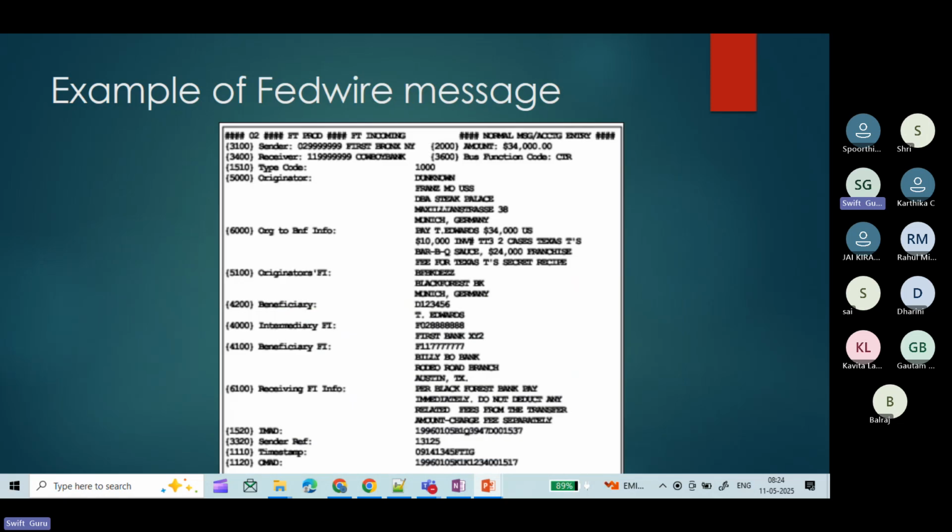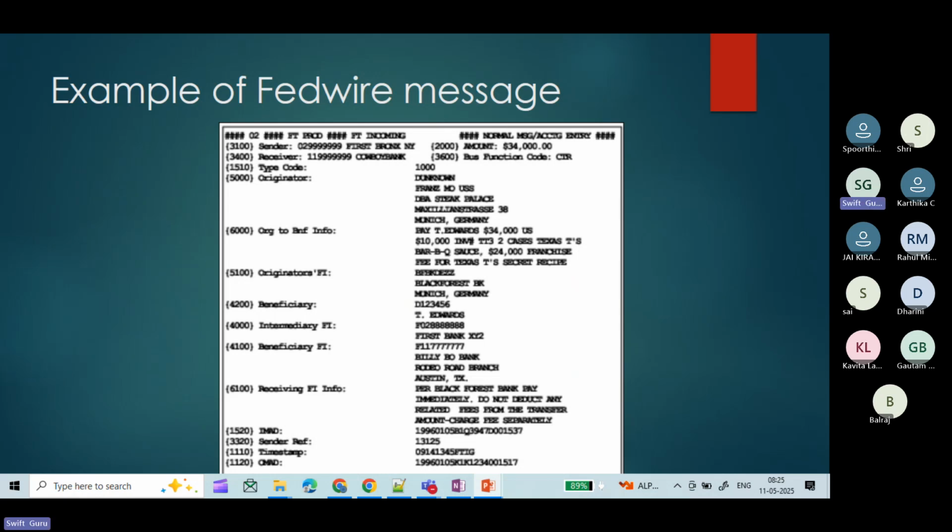Similarly, we have this Fedwire proprietary-based message. However, Fedwire has a plan to migrate to ISO 20022 by 2025. Let's see if they're able to fully migrate. So this is the proprietary message format of a customer credit transfer payment message. They use different tags.